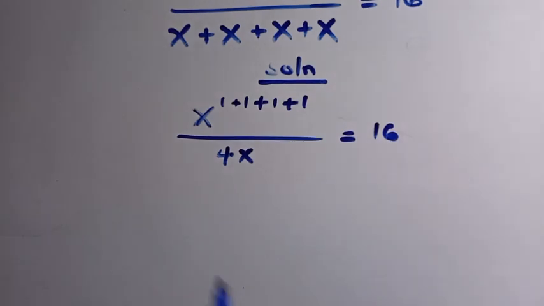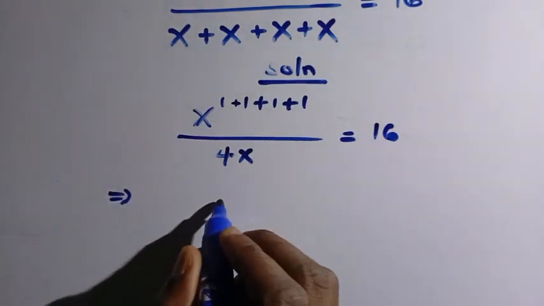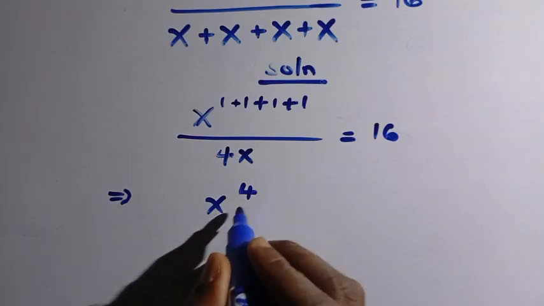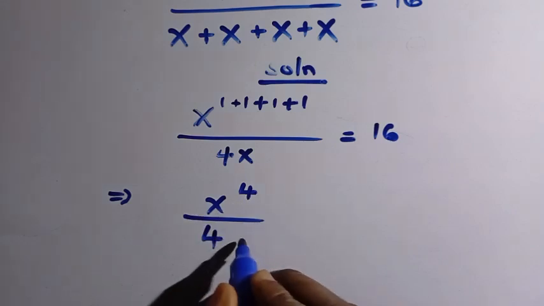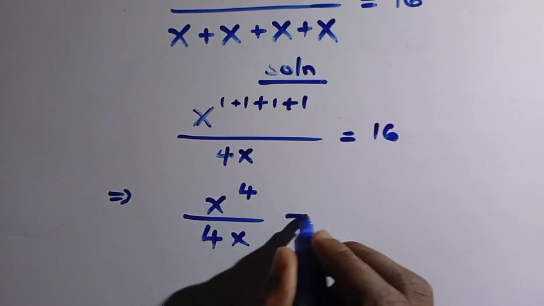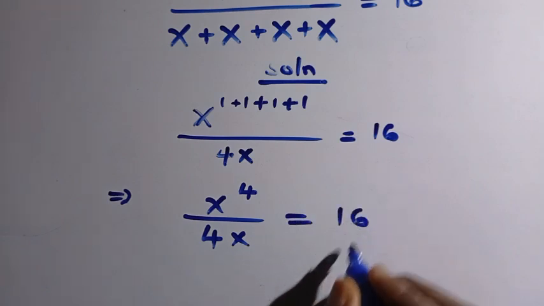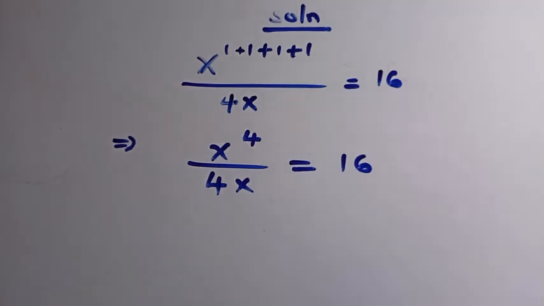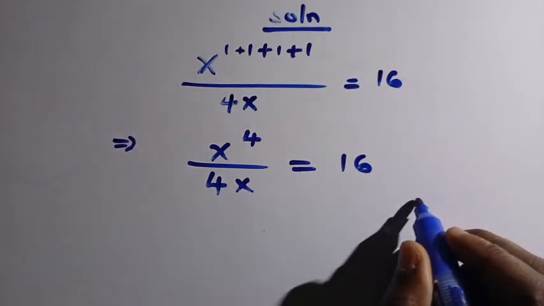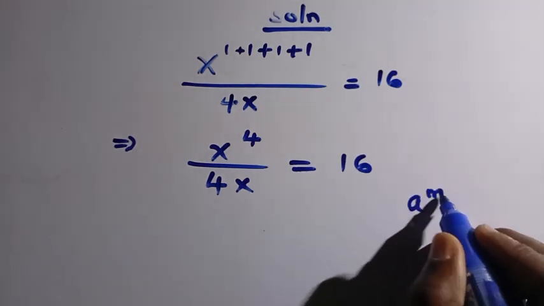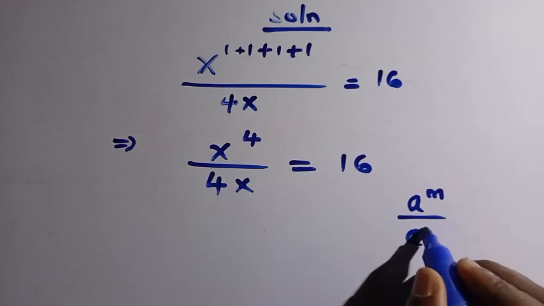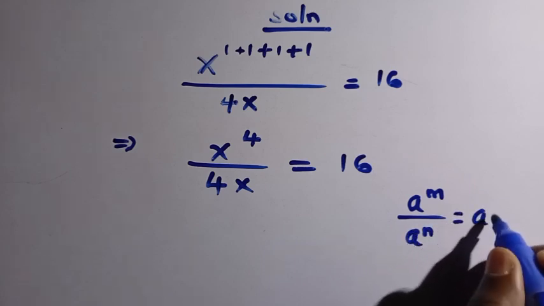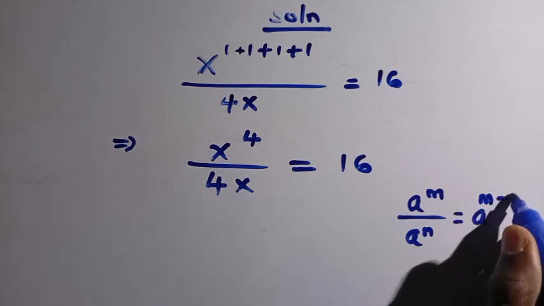Then we are going to have x raised to power of 4 divided by 4x equals 16. And here, suppose we have a raised to power of m divided by a raised to power n, this equals a raised to power of m minus n.